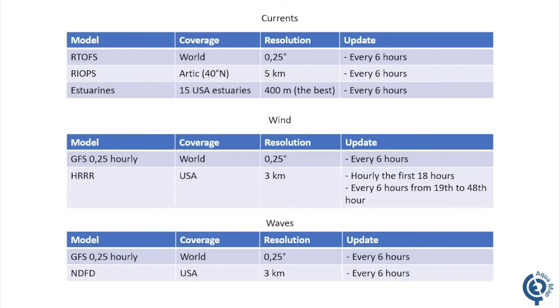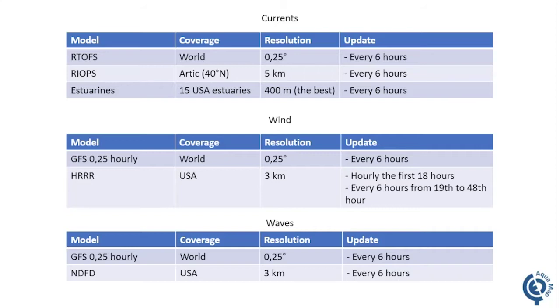But a very interesting part is the estuarine currents that we found in 15 areas in US that have a resolution also of 400 meters, so very detailed data.